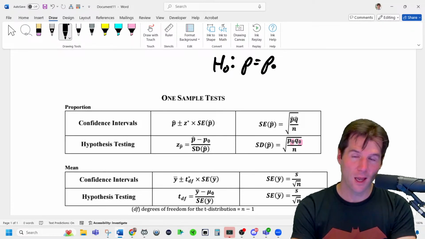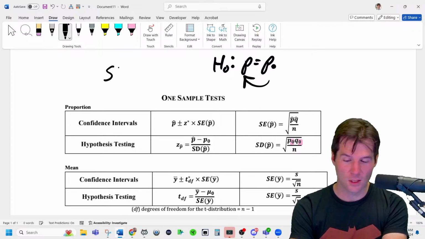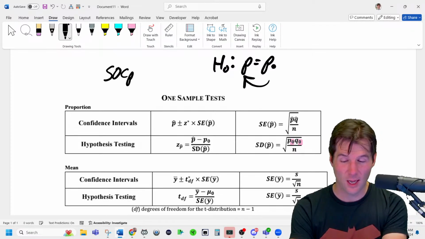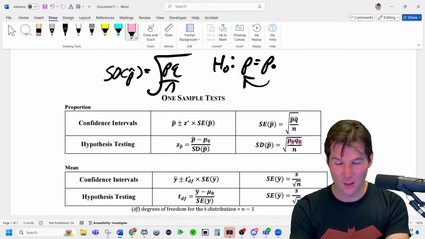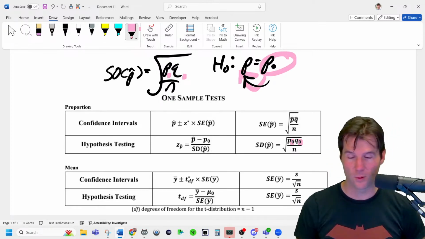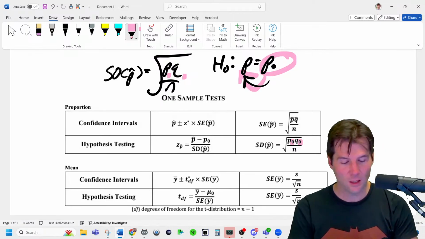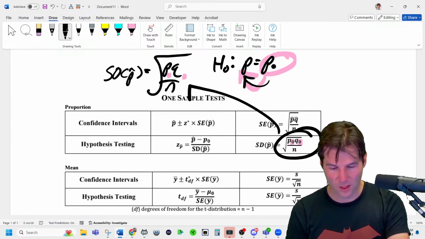And with writing that, we're stating that this is p. And we learned earlier that the standard deviation of p hat is equal to the square root of p times q over n. So by substituting in here p naught, well, we assume that p naught is p. So we're basically saying the square root of p times q over n. Because if p naught is p, then isn't this formula down here just this formula up here?